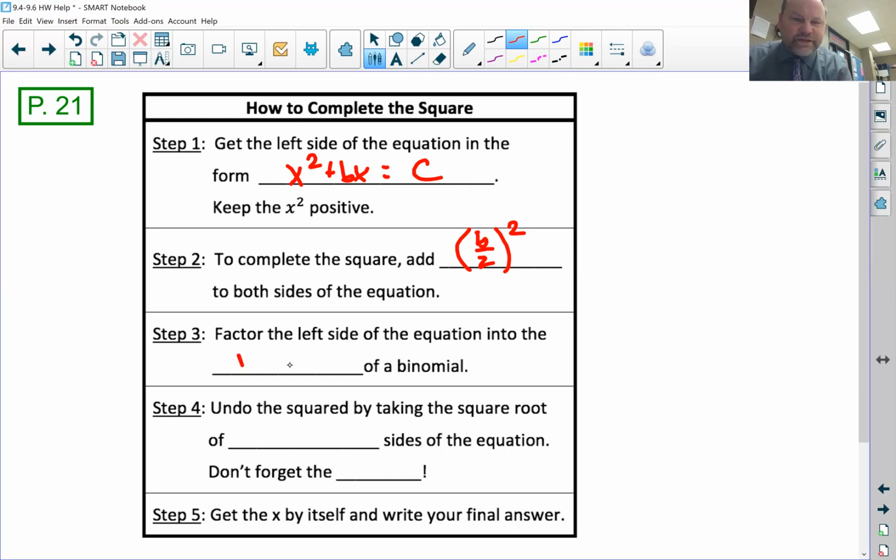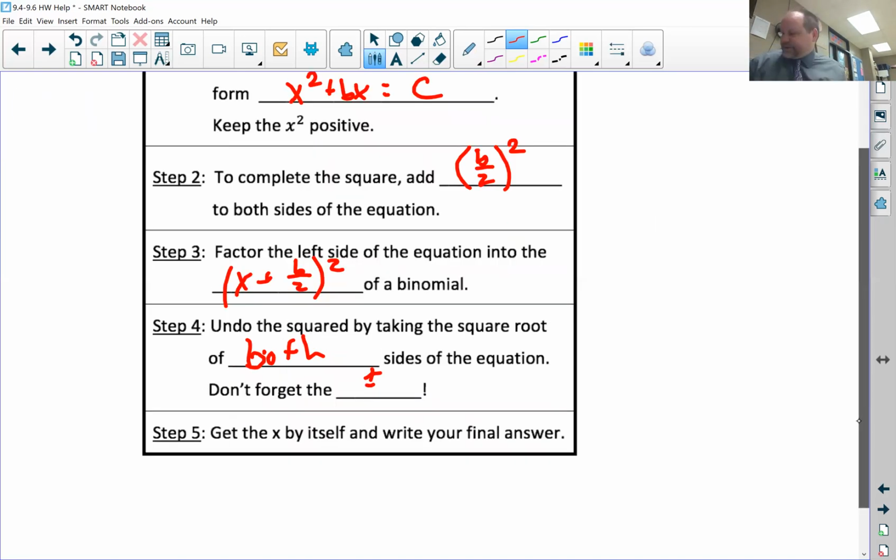So this is exactly, again, what I showed you a couple slides ago. Undo the squared by taking the square root of both sides. And don't forget the plus or minus. And then get the x by itself.